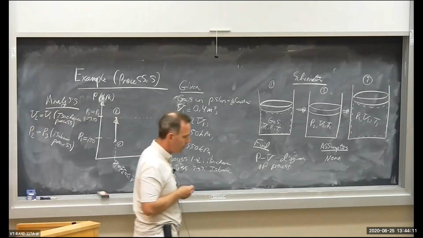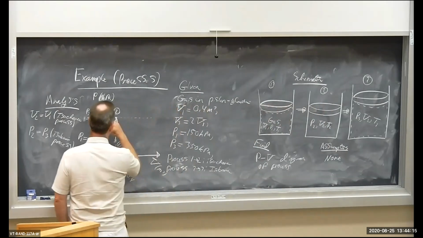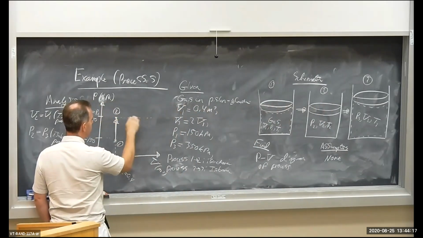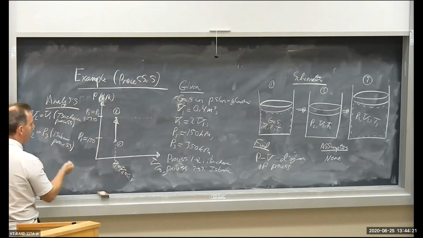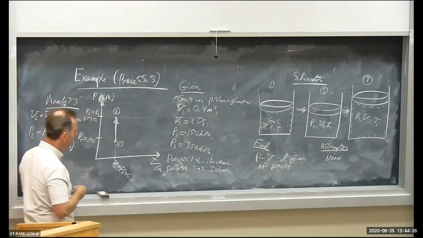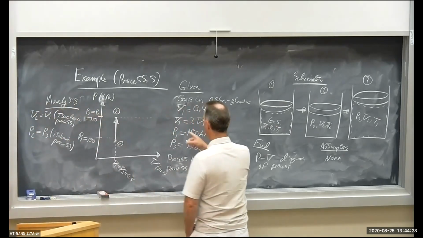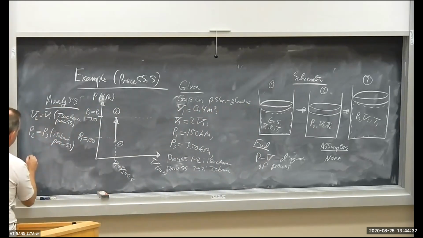Process 2 to 3, let's draw that one. That one has to be along a horizontal line in PV space. So the question is, what direction do we go? Is volume going to decrease or increase? Well, we're told that V3 is equal to 2 times V1.